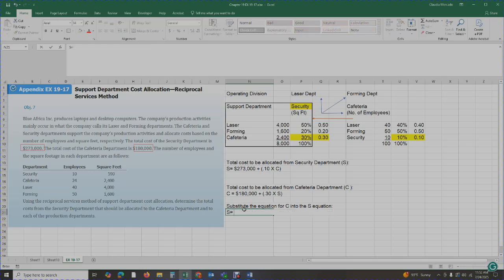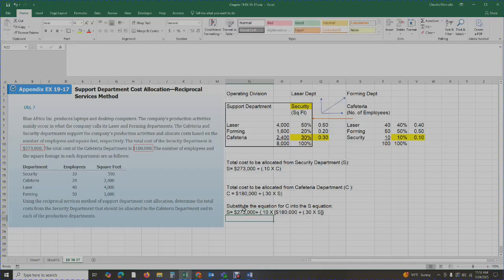S equals 273, plus 0.10 times, and then we're going to bring in the equation for the cafeteria, which is 180,000, plus 0.30 times S.